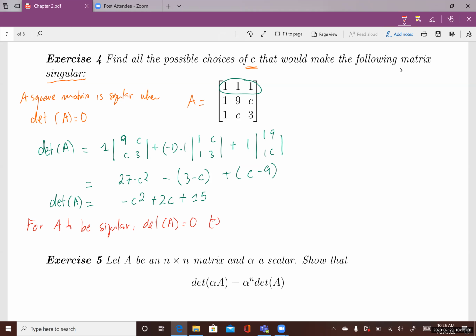That means negative c squared plus 2c plus 15 equals 0. That means c equals negative 3 and 5. So c should be 5 or negative 3.